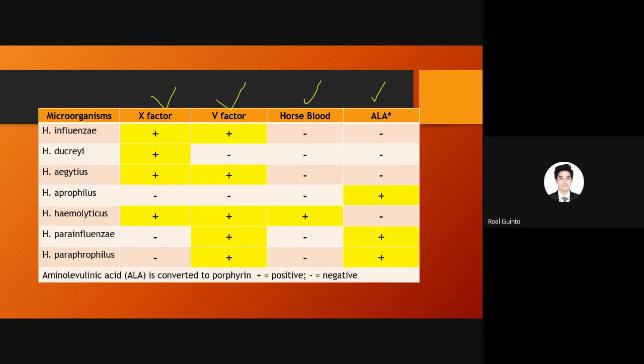So, pakibasa, intindihin kung ano yung mga microorganism na kailangan ng V factor, X factor para tumubo. For example, Haemophilus aphrophilus, hindi niya kailangan ng X factor, V factor, and horse blood, pero need niya ng ALA. ALA is aminolevulinic acid, which is converted to porphyrin.